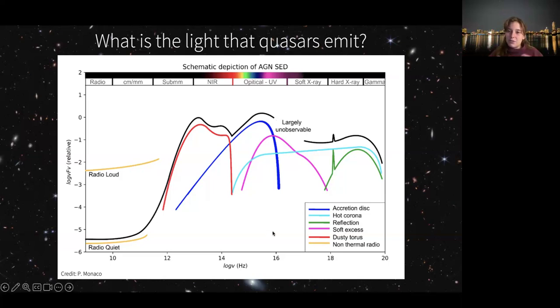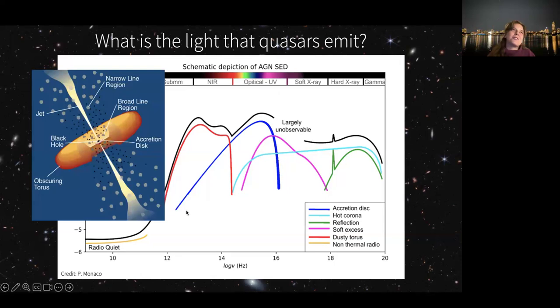For these masses of supermassive black holes, you would expect the thermal radiation from the innermost accretion disk to be in the UV. Further away from the black hole in the accretion disk, you get to the optical, the less energetic side of radiation. Because this is thermal, you would expect it to be pretty much isotropic.